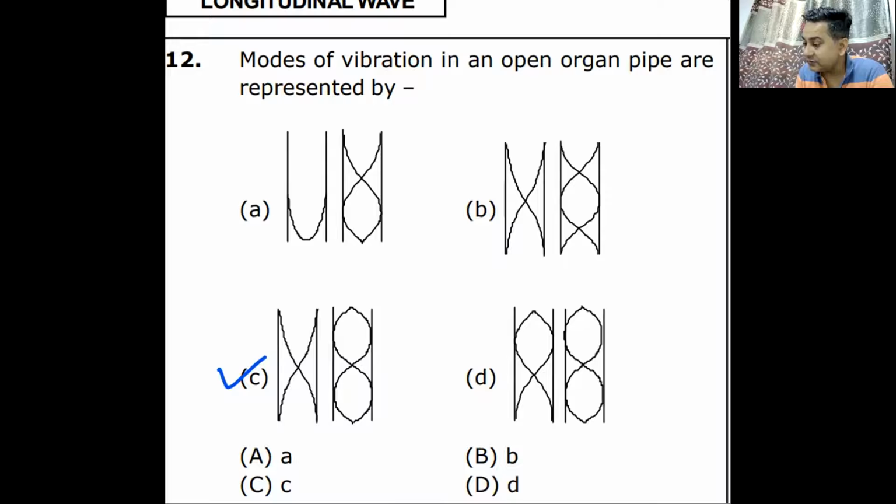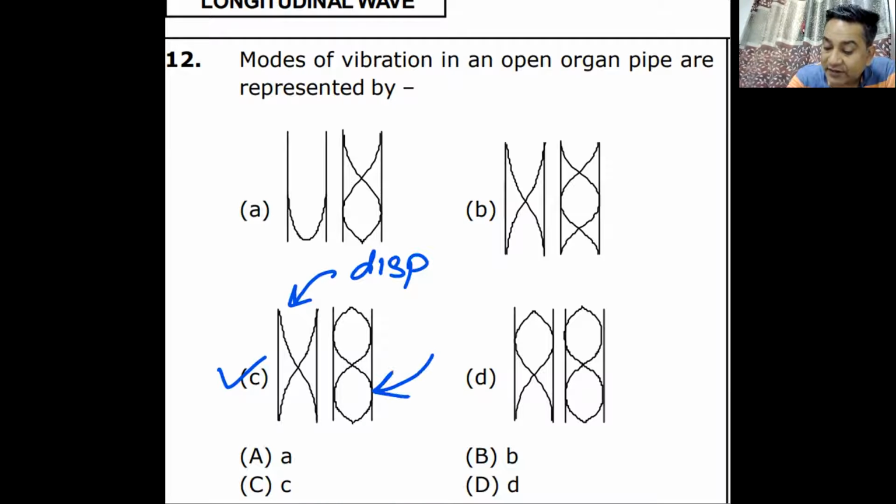Now remember, this is the diagram for displacement, and this is the diagram for pressure. Remember, if you draw the diagram for pressure, it is the opposite of the diagram of displacement.